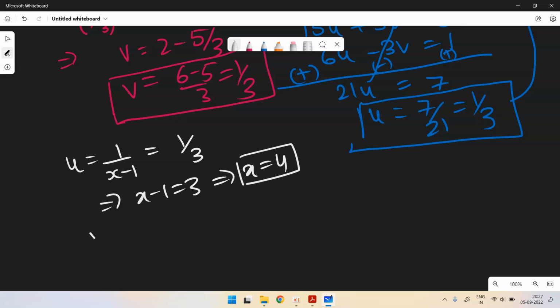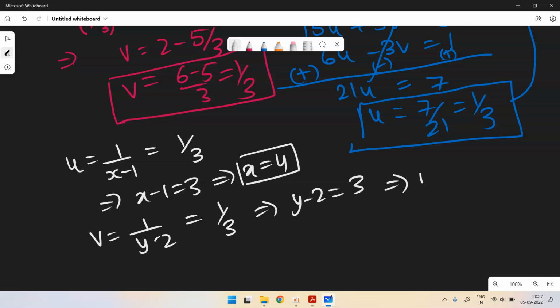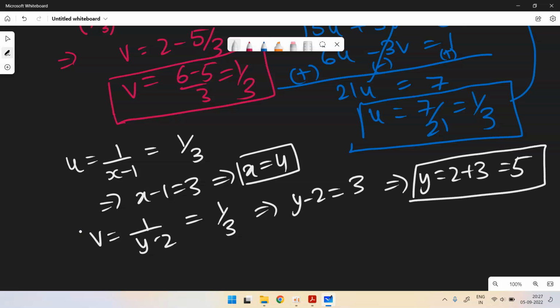And v you have taken as 1 by y minus 2 equal to 1 by 3, which implies that y minus 2 equal to 3, which implies that y equal to 2 plus 3, nothing but 5. So the values of x and y come out to be x equal to 4 and y equal to 5.